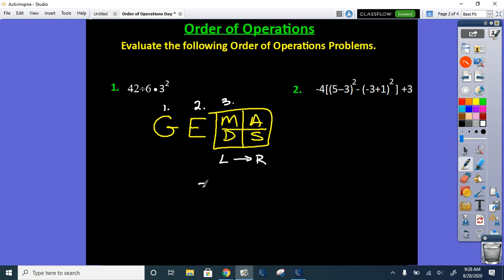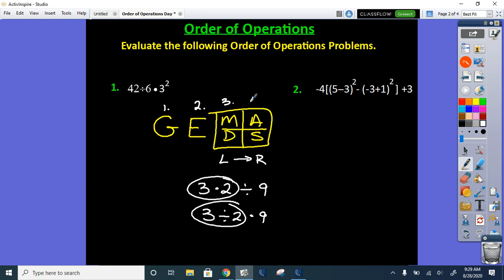So if I have a question where it's 3 times 2 divided by 9, the first step would be to multiply prior to dividing, because from left to right, 3 times 2 comes first before divided by 9. If I switch those operations, then I would still focus on this 3 divided by 2 first, because that is the first symbol that comes up from left to right in that multiplication division step.